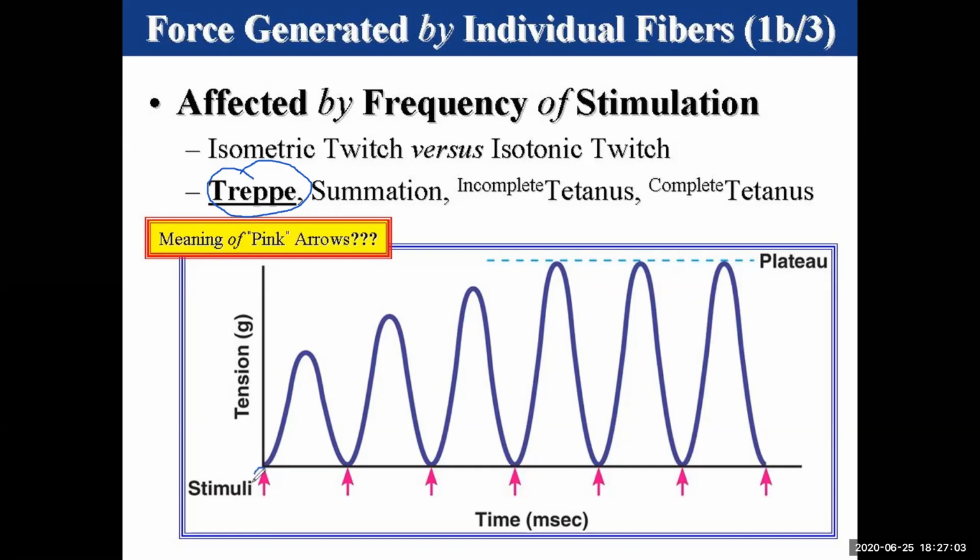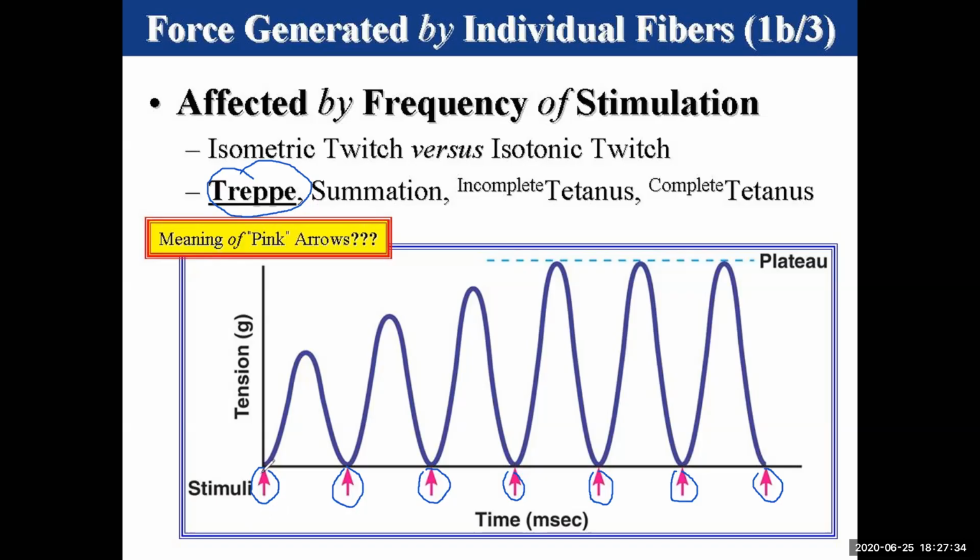You apply a stimulus, the muscle responds, and you let it come back to rest. And you apply the same stimulus, meaning all these stimuli have the same intensity. Nothing changes. You apply to the same muscle the same intensity, the same amplitude of stimulus. The amplitude of the depolarization is the same.